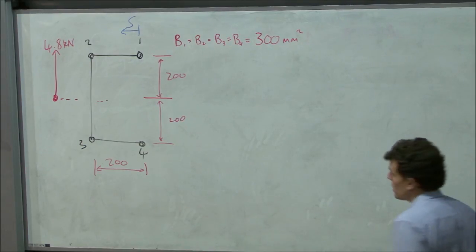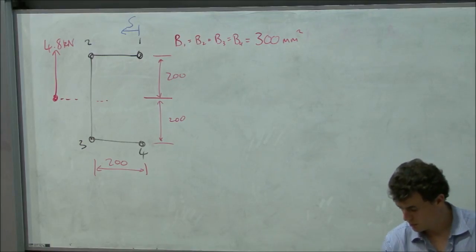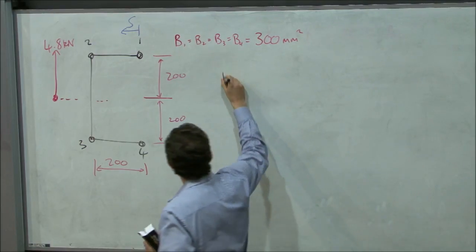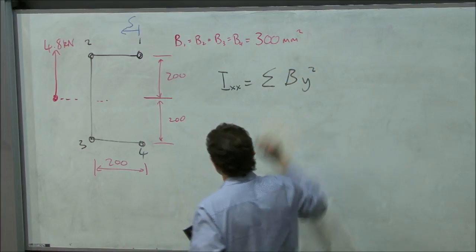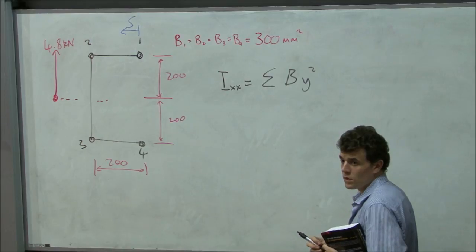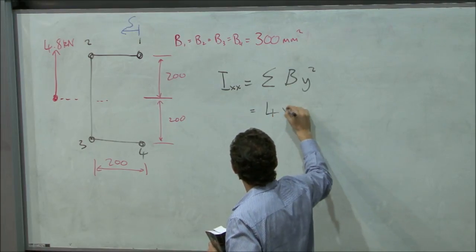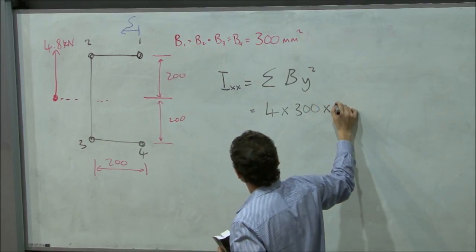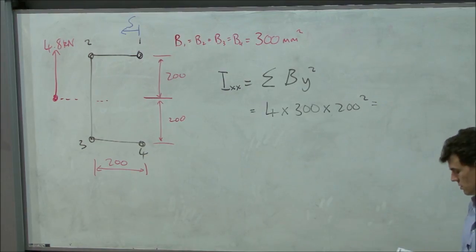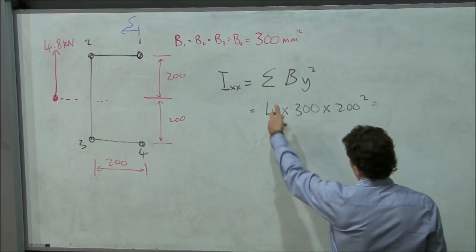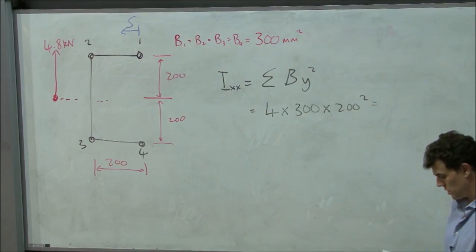Okay, so what's the IXX for this problem? Because all of our booms are the same distance from the neutral axis, we can calculate the IXX very, very quickly. 4, because there's 4 booms. 300 is the area of each one, and 200 is the distance from the neutral axis in each case.